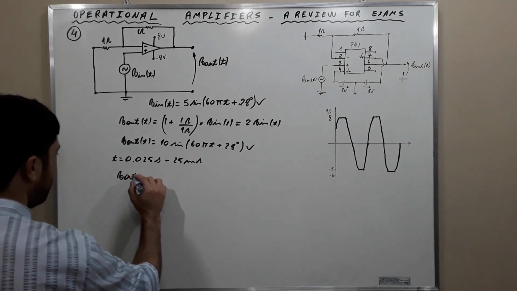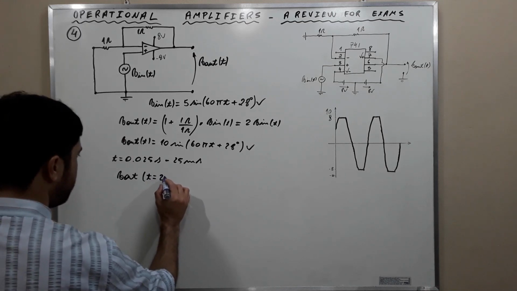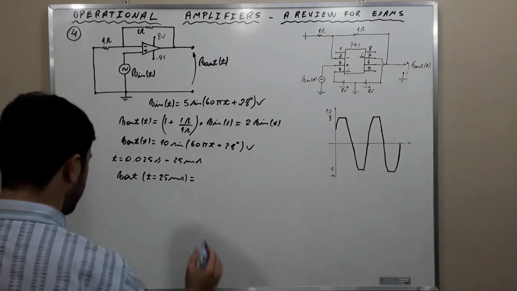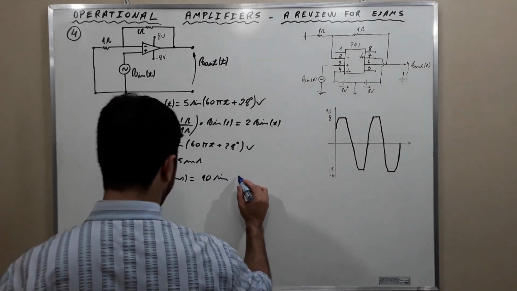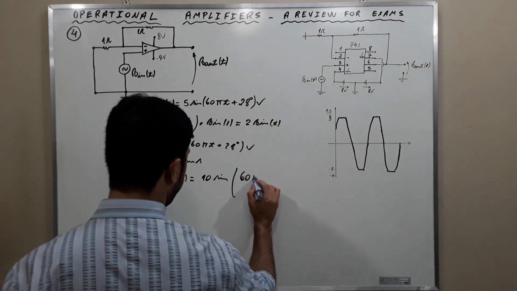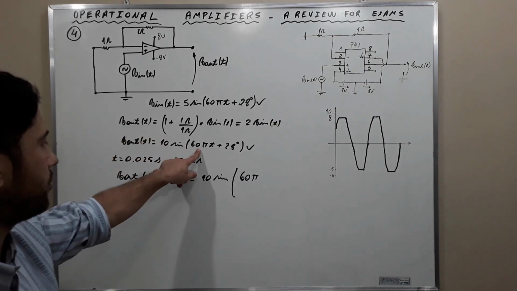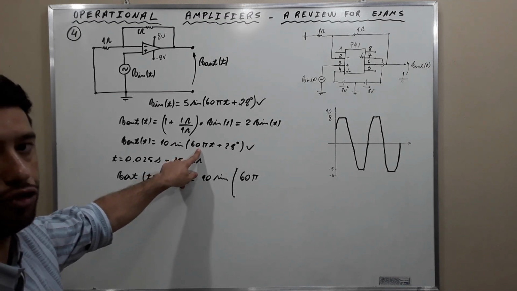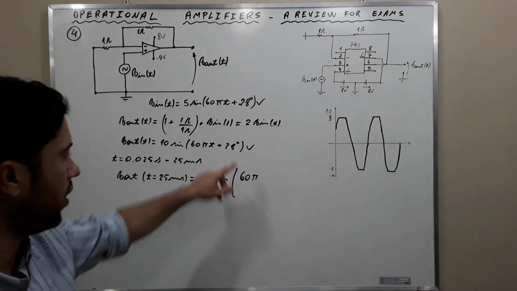V out of t when t is equal to 25 milliseconds is equal to 10 times the sine of 60 pi, but we have to convert from radians to degrees because the phase was given in degrees.